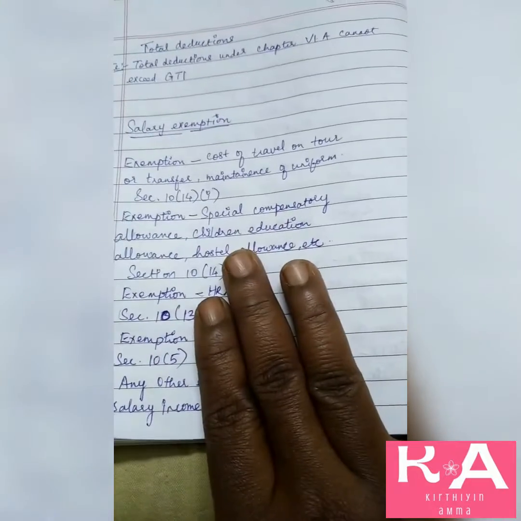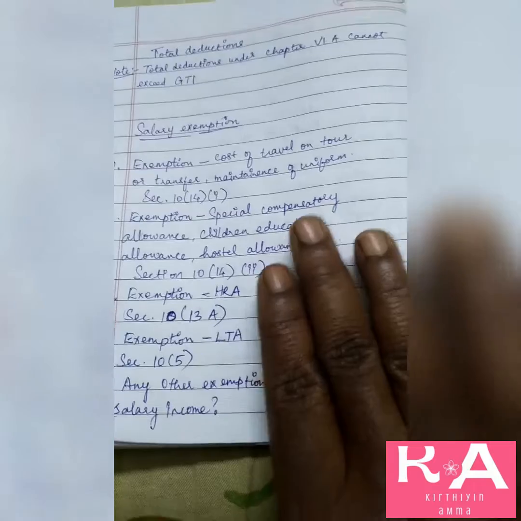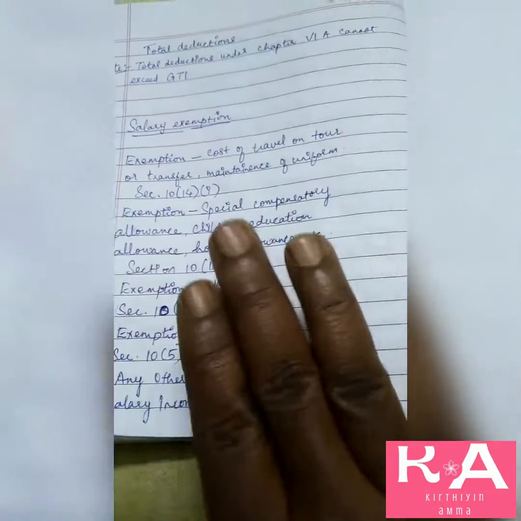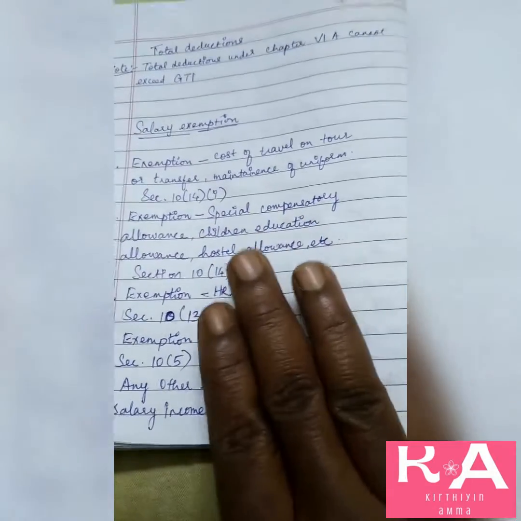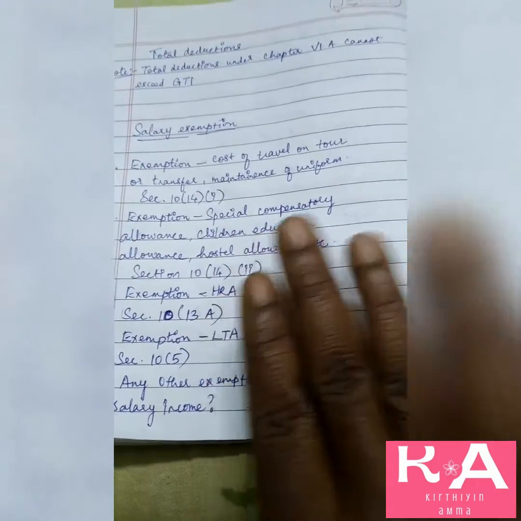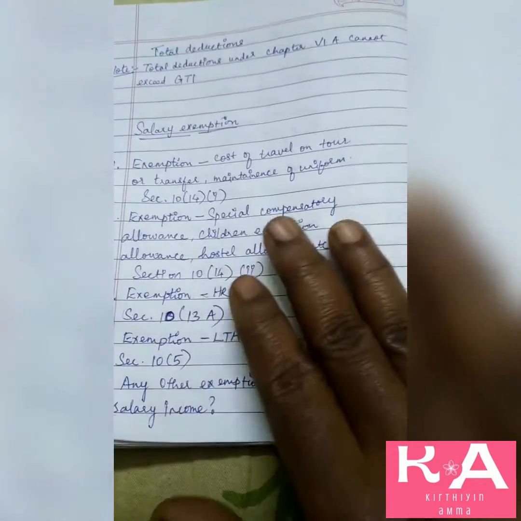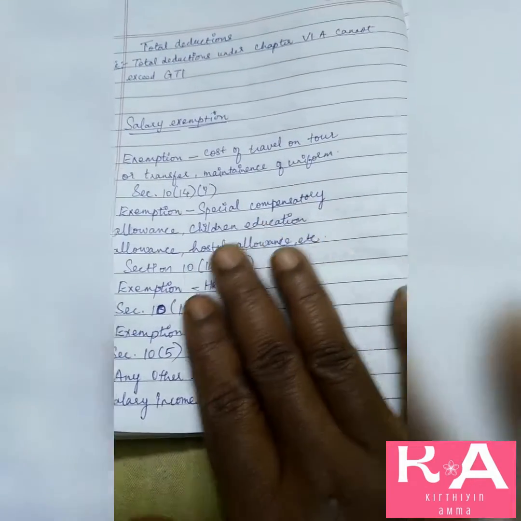As per that procedure only you can file the return. And if you want to change it, you can always do that here while filing the income tax return, but not with the employer.